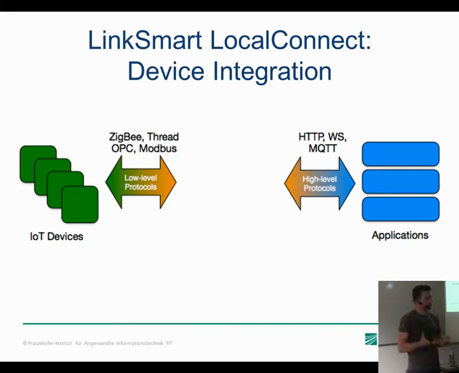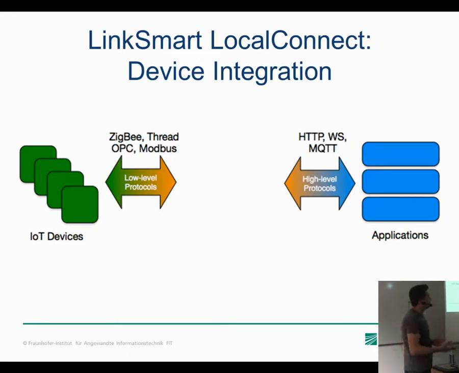The first and the most essential task when building an IoT application is the integration of the IoT devices. On the left-hand side, we get the IoT devices, which speak different protocols. They are low-level protocols. In the industry, we see things like Modbus, bare Ethernet. In consumer electronics, there are new protocols which are popping up in recent years.